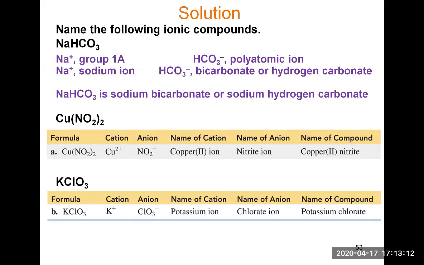So K+ and ClO3 negative 1 together form potassium chlorate. You take the name of the cation, potassium, and the name of the polyatomic ion, chlorate, and put them together. Here there is no need for a Roman numeral because potassium is part of the predictable ions.